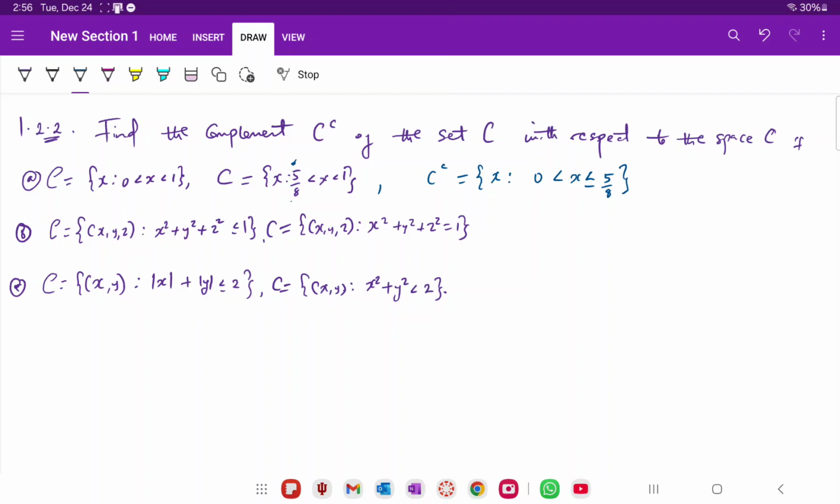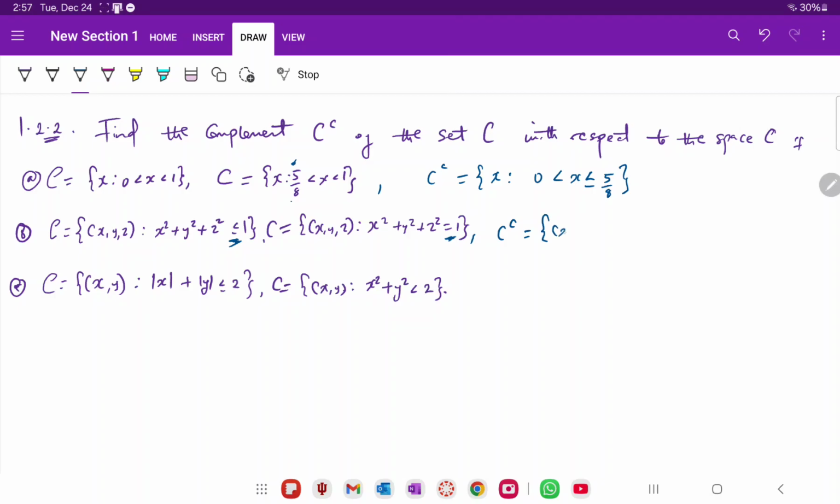Alright, so for the second one, we have the complement. So this is a volume, a spherical shape. Our sample space includes all the points in the ball centered at the origin with radius 1, but the set C only includes the boundary.